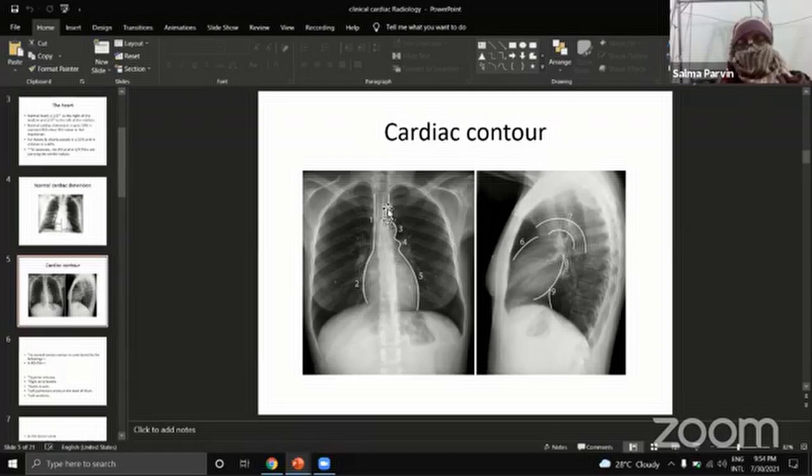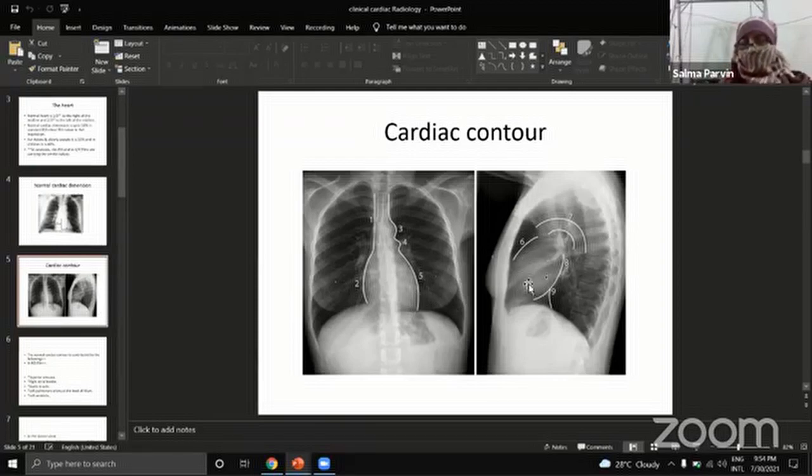And what about this? This is the subclavian artery. This is the aortic knuckle. This is the pulmonary trunk, and below the pulmonary trunk is the area for the left atrial appendage, and this convexity is made by the left ventricle.